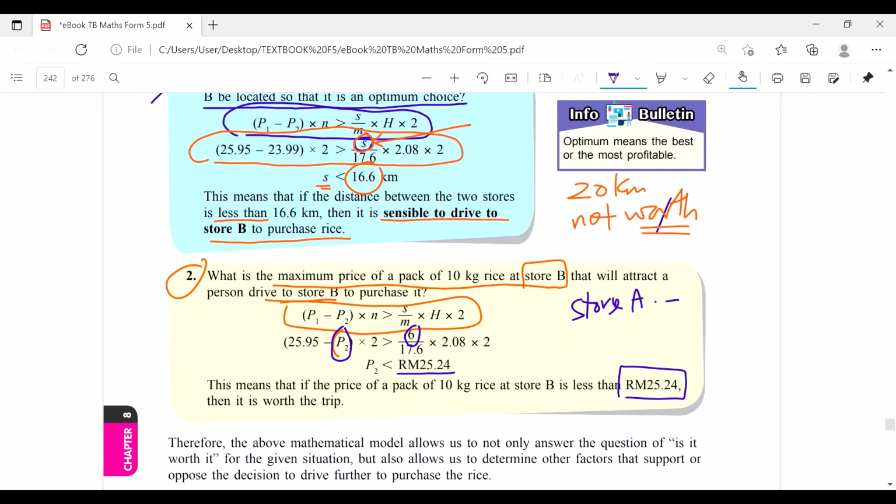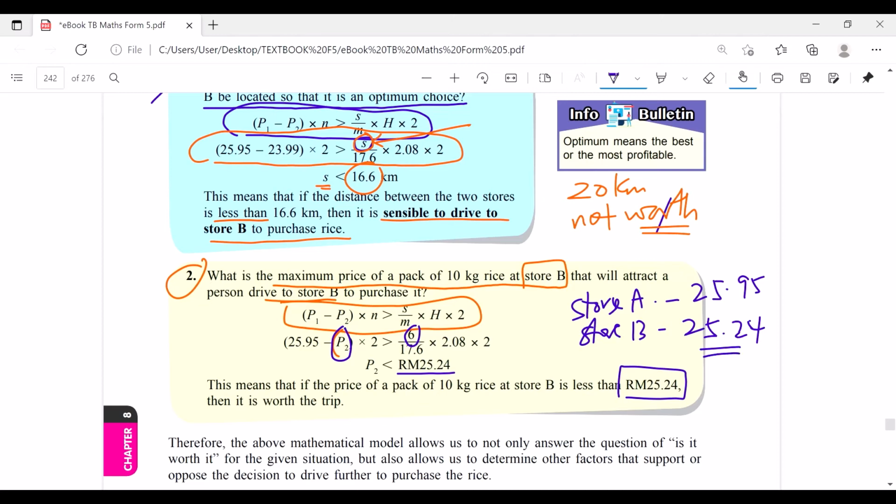Even though it's still cheaper than store A. You know, store A is how much? Store A is 25.95. So for store B, you must get the price at least, the minimum is this one. Must be less than this.